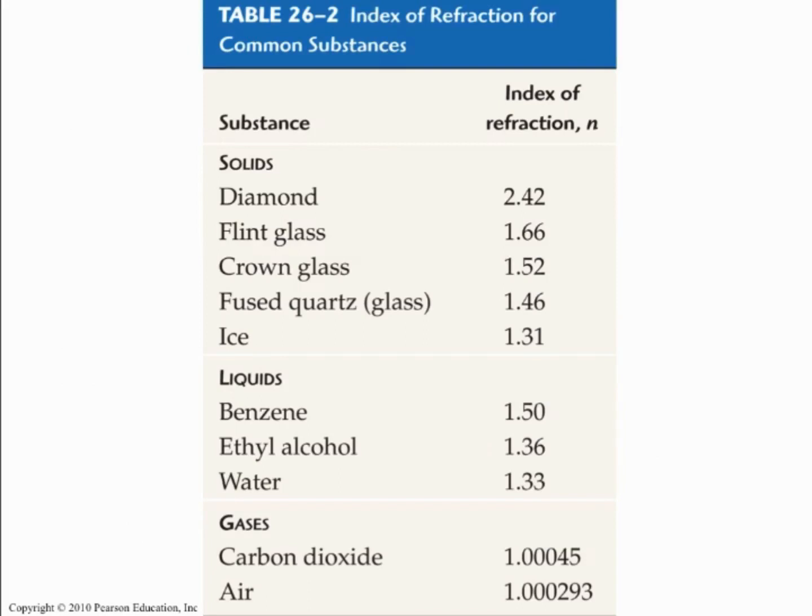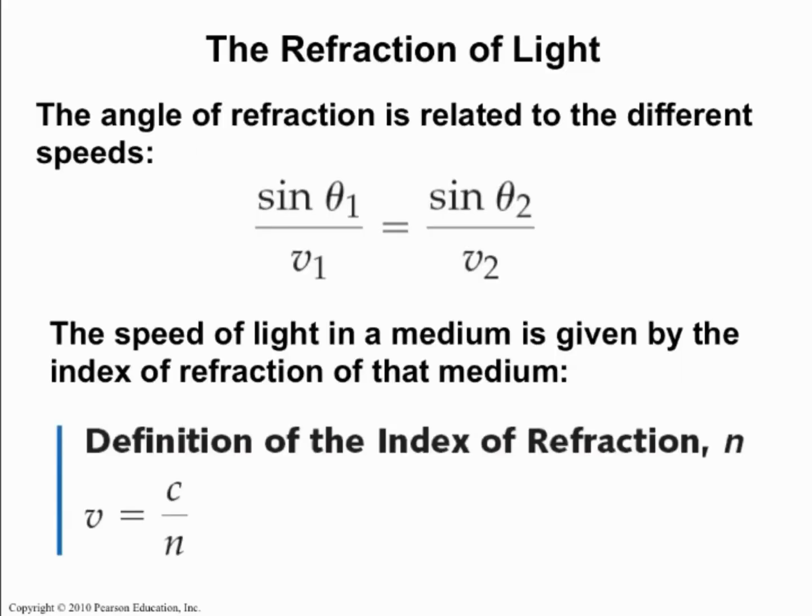Because 1 over 2.42 would tend to approach like 1/3, which is definitely less than 1/2. But in any case, it's about 1/2, and that means that light travels half as fast in a diamond as it does through a vacuum.